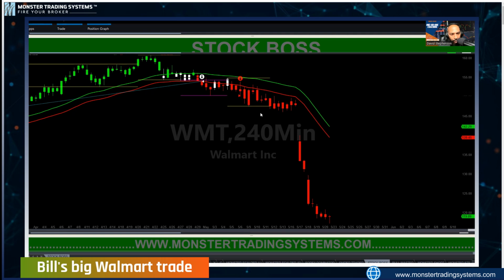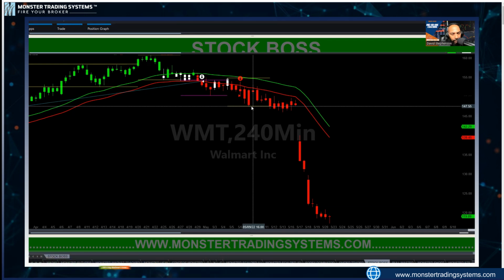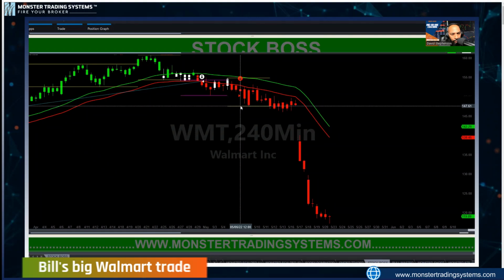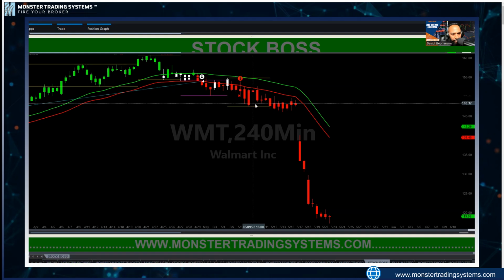The sell short signal came in on the 6th. Here was the 9th, and your entry was here on the 10th. This candle here was the 10th.